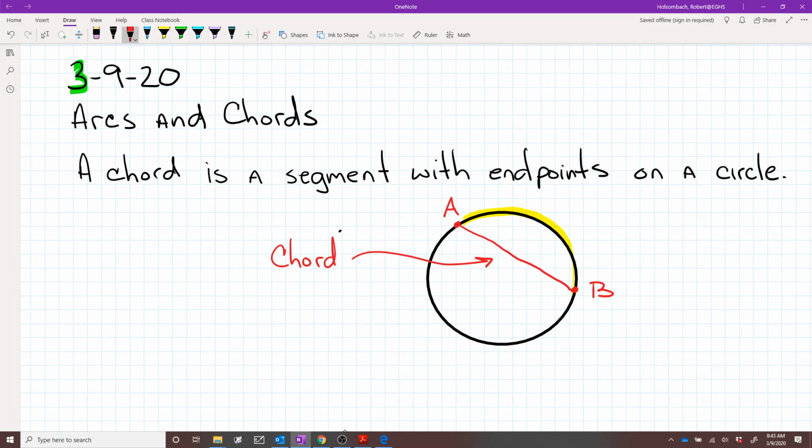So that's called a corresponding arc. So you can say arc AB corresponds to chord AB.